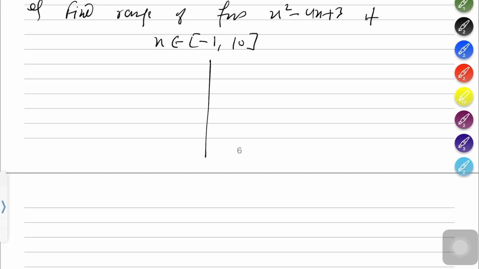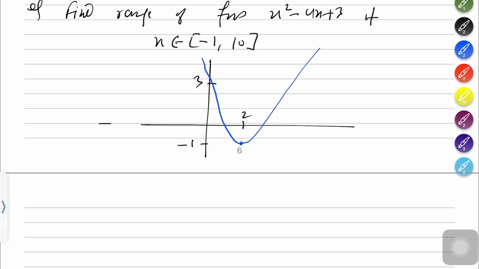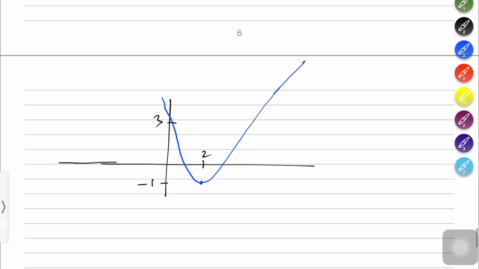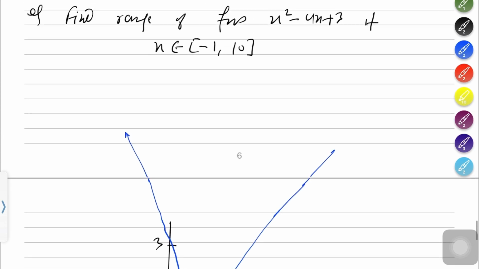So we already drew the graph. It was 2 and minus 1, and 3. So the graph was something like this. The vertex was here. It goes up to infinity, and here it also goes to infinity. So we are asked to find the range from minus 1 to 10.